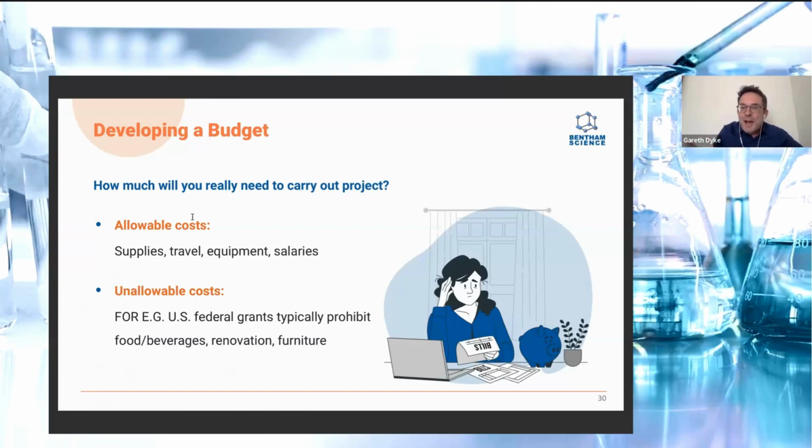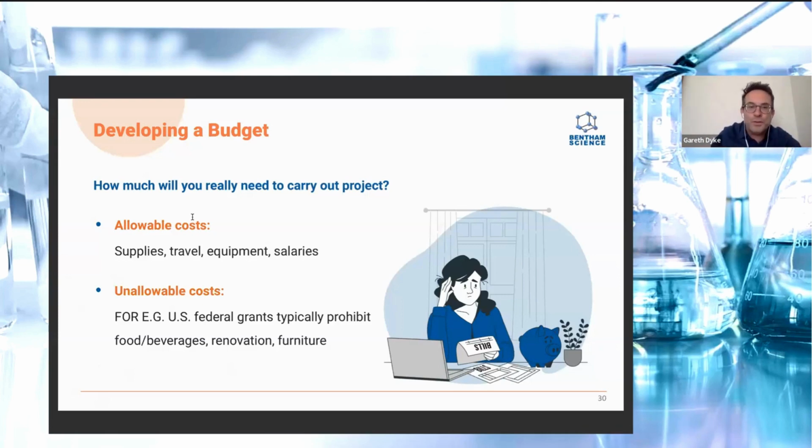So look at the allowable costs. Lots of grants have both allowable costs and non-allowable costs. And you need to make sure that you're not asking for money for something that is not allowed. So for example, in the United States, federal grants will not allow you to include costings for certain things, whereas in other regions you can, in other areas.